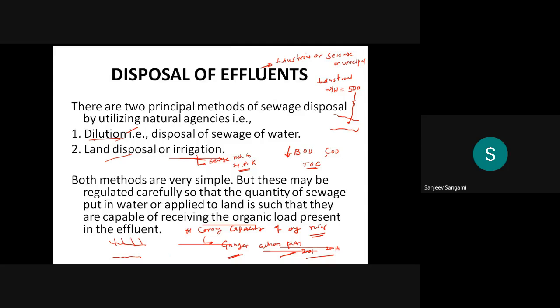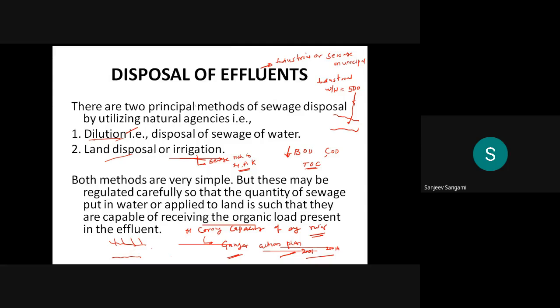Either these discharge points or the wastewater joining the river are not maintaining the standards, or they are not capable of maintaining the standards, or it is not going with the carrying capacity.